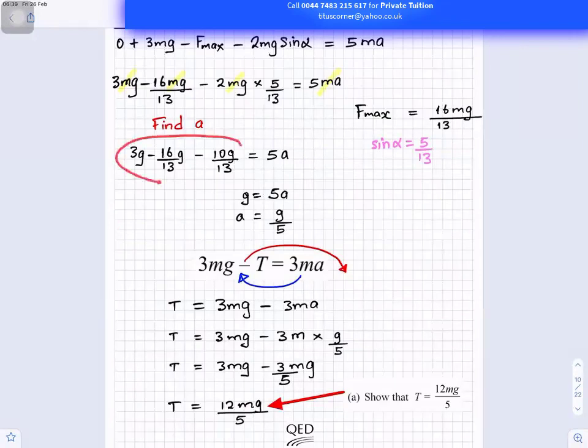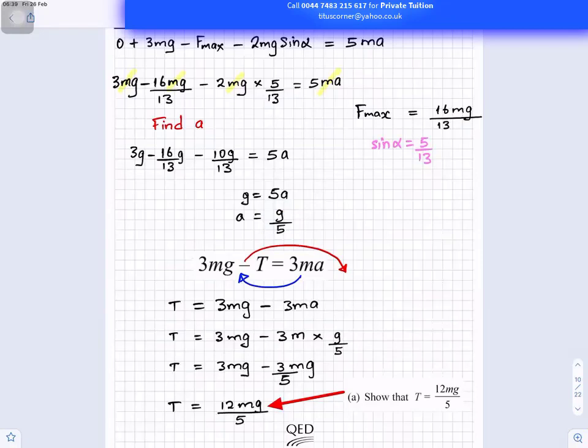So all of this, 3 minus 16 over 13 minus 10 over 13, will give you 1g. So 1g equals 5a. a would be 5g divided by 5. Now you know what a is.